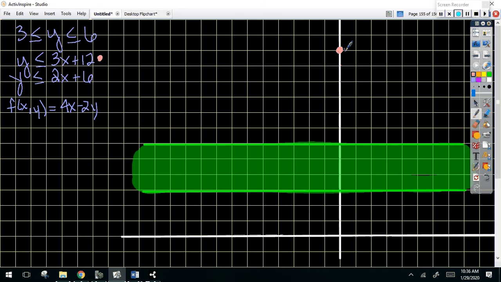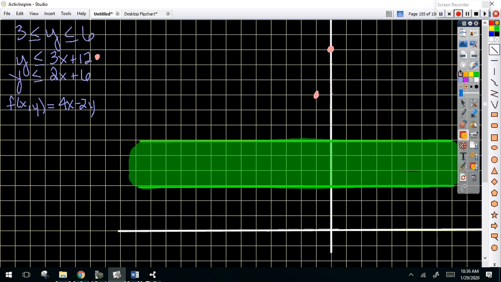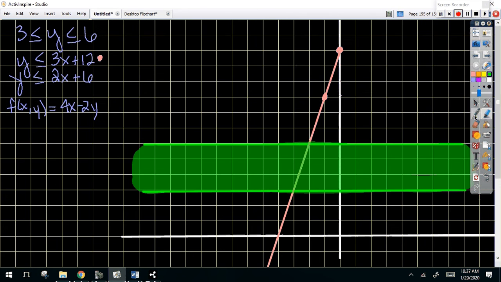Instead of going up 3 over 1, I'm going to go backwards so I have enough room to do it here. I'm going to go down 3 and left 1. That's fine as long as you make sure your slope is positive at the end there. This one I'm shading down.